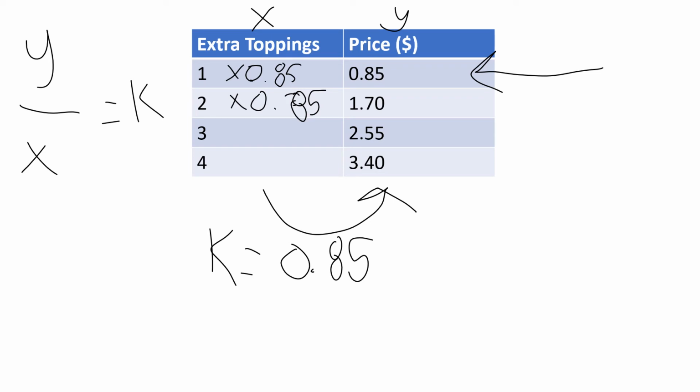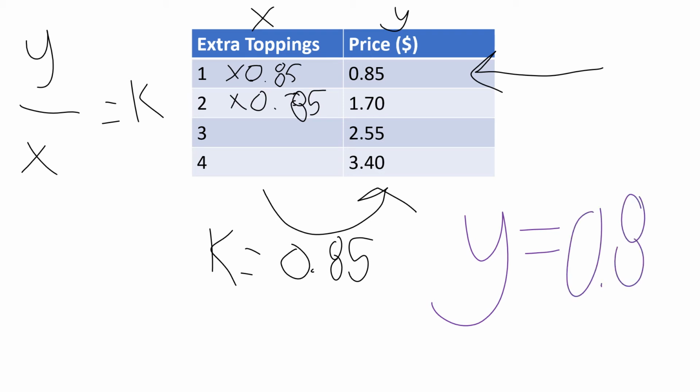The way you write the equation then is that the price, y, is always equal to 85 cents times x, the number of toppings. So the constant of proportionality, 0.85, the equation would be y equals 0.85x.